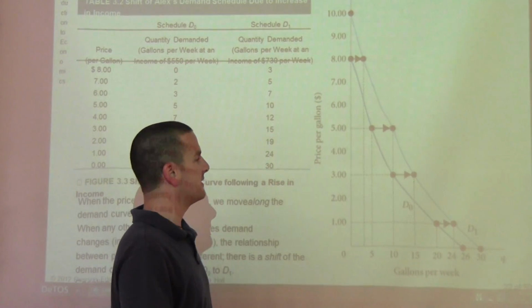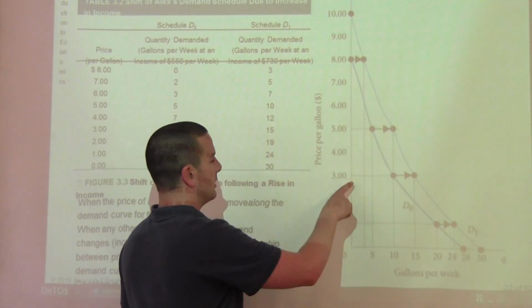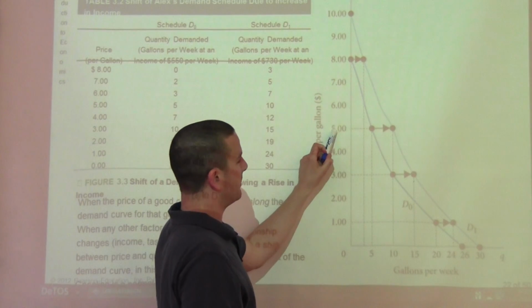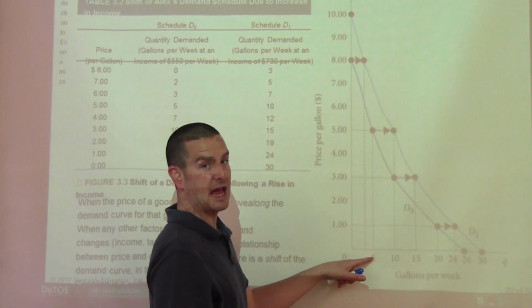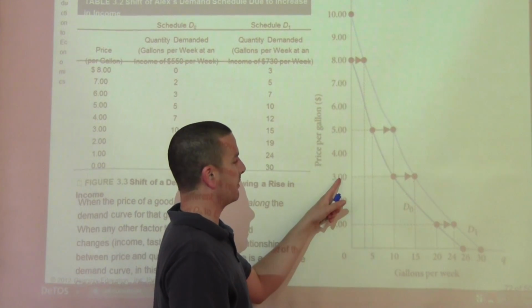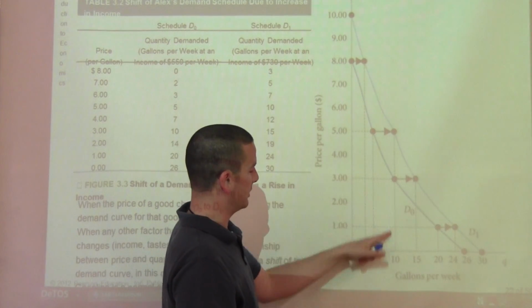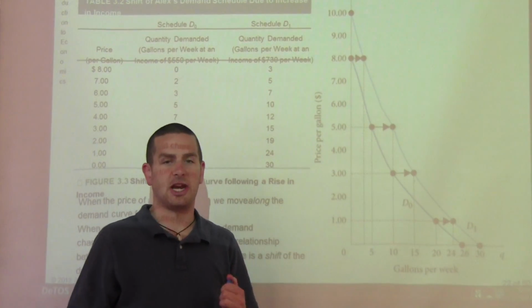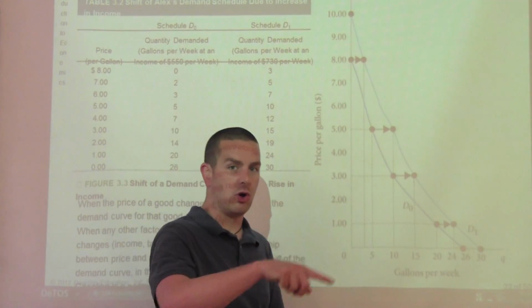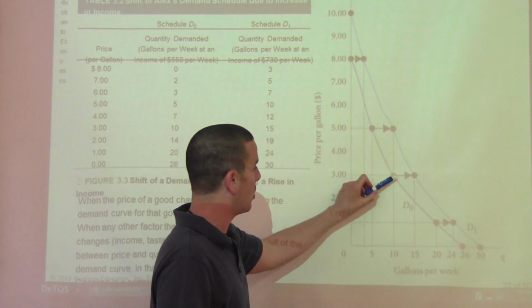At $5, we were going to buy 5 gallons. But at a price of $3, we're willing to buy 10 gallons. So if the price changes, we slide along the curve.